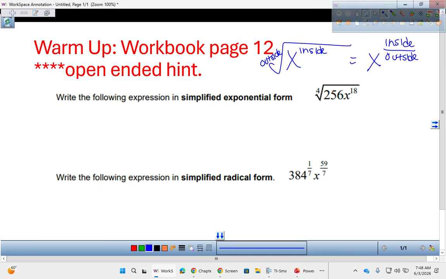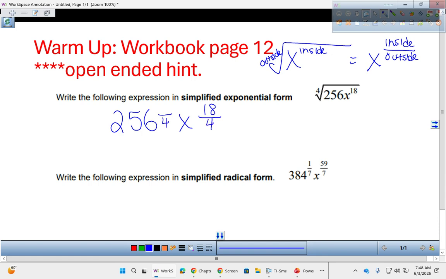If I want to take the 256 x to the 18 out of the root, I need to give each part of that an exponent that's a fraction. There are 2 parts of that. There's the 256 part and the x part. So both of those get fractions. The denominator of both of those fractions is the outside number, which is 4.